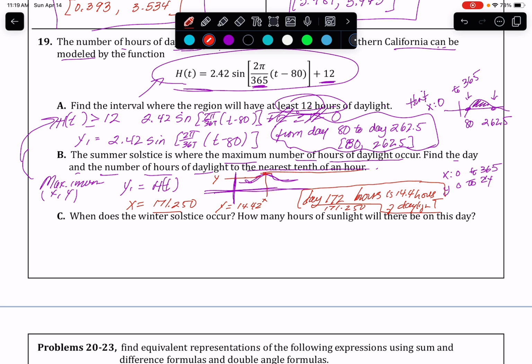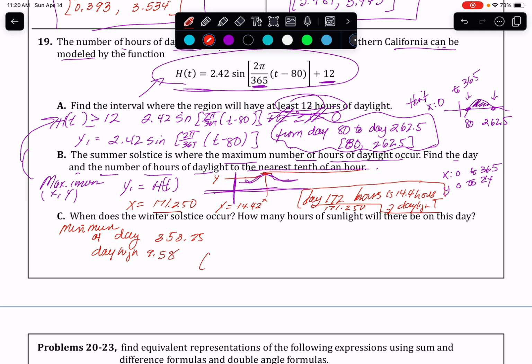Okay, and when does the winter solstice occur? How many hours of sunlight will there be on the day? All right, so you've got to figure out the minimum. So the minimum should occur at day, if you look for the minimum, 353.75, and the number of daylight hours is 9.58.